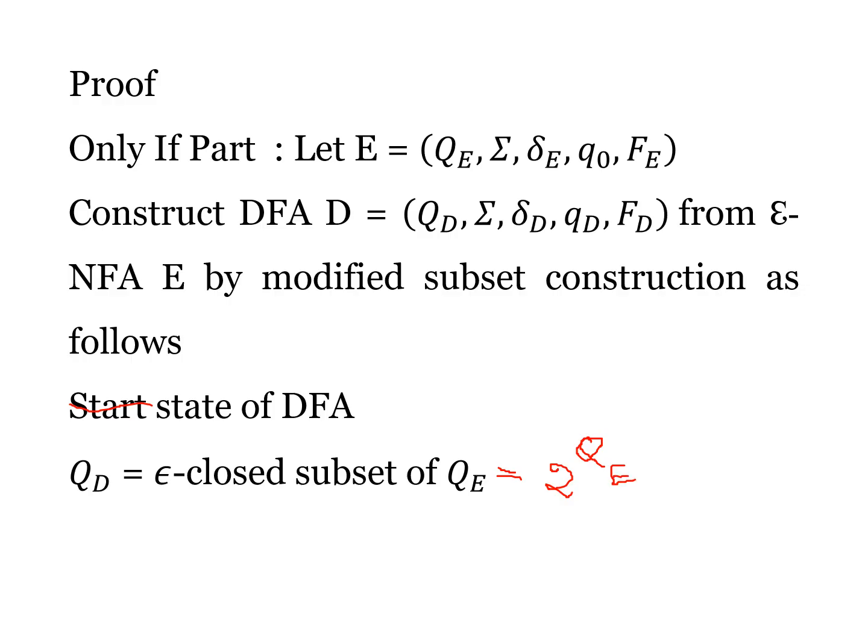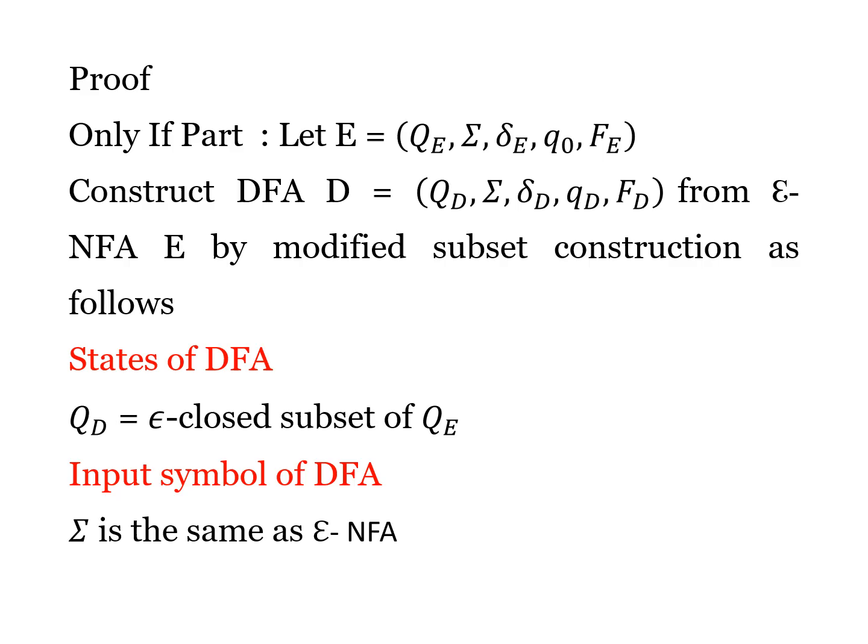Most of the states in 2 power QE will not be the states of QD, but some of the states will be there. The difference is that here you want to take the epsilon closure of the state. So this is how we obtain the states of DFA from the states of your epsilon NFA. And the input symbol is the same as that of the epsilon NFA.